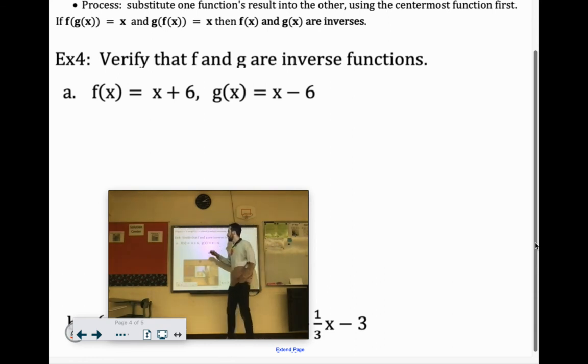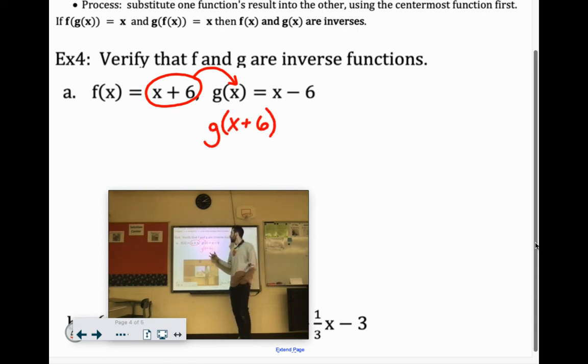So what we're going to do is take one equation, and it doesn't matter which one. So let's say I took this equation, the x plus 6, and I'm going to put that into g's function. So that would say g of x plus 6. Now when you're doing functions, this x plus 6 is going to go in for any spot you see an x in the formula.